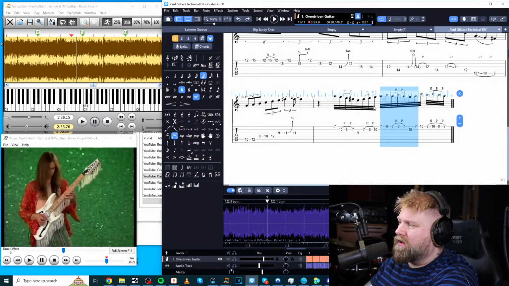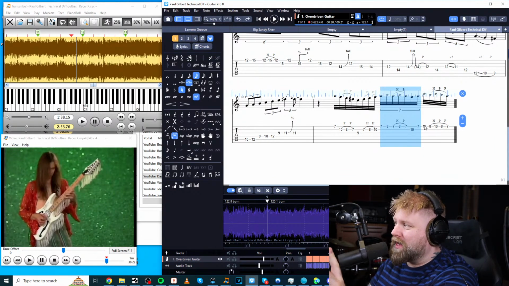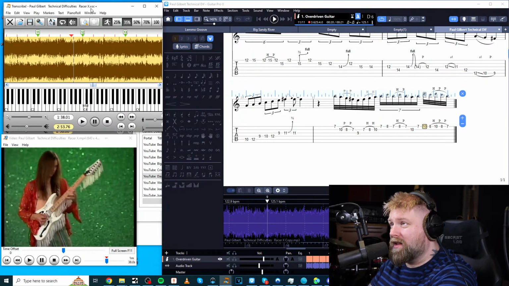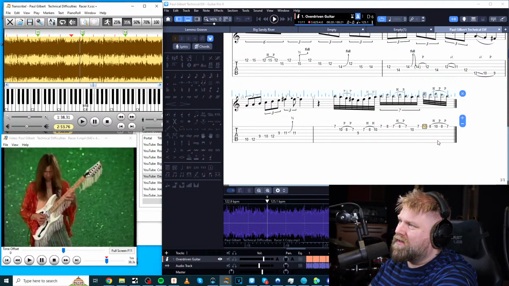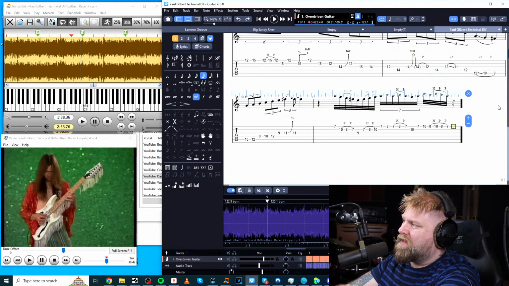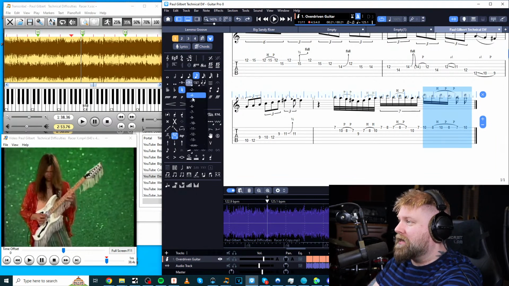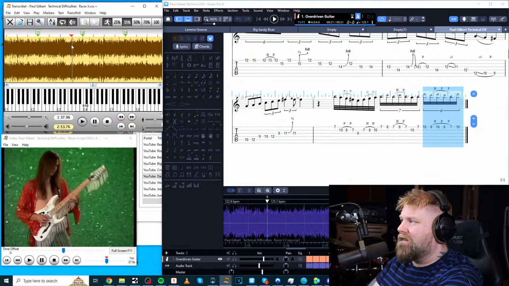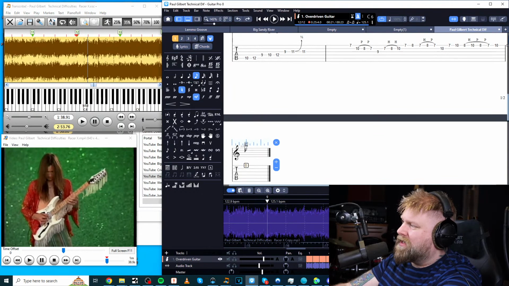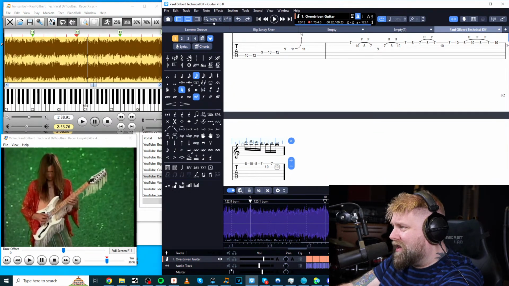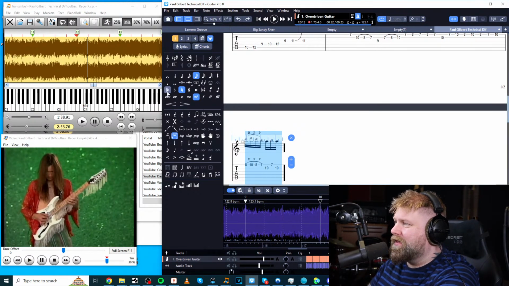It's actually only put 7 in there though, because, and again, this is a full-on quantizing job. The only reason I've decided to do that is because I can very much hear that D is on the beat. So, which would make that a 6. Again, 7.